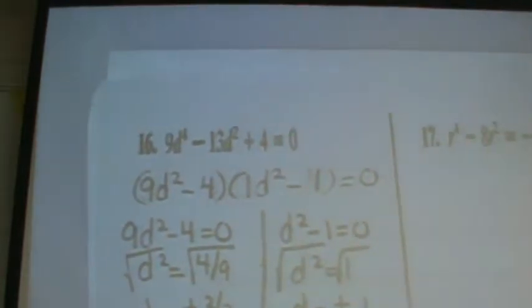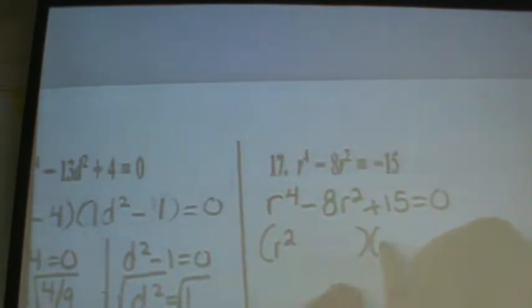Number 17, we're going to add 15. Factor. What two numbers multiply to give you 15 but add to be negative 8? That would be negative 3 and negative 5.